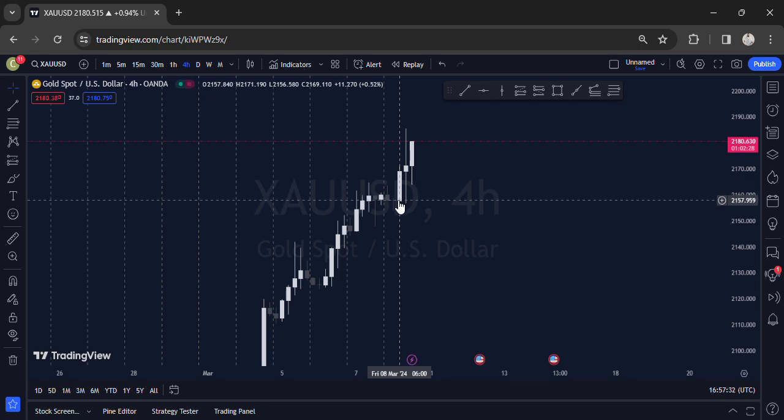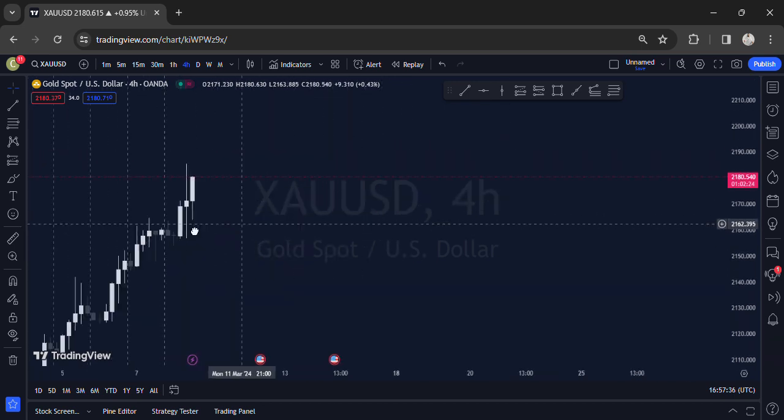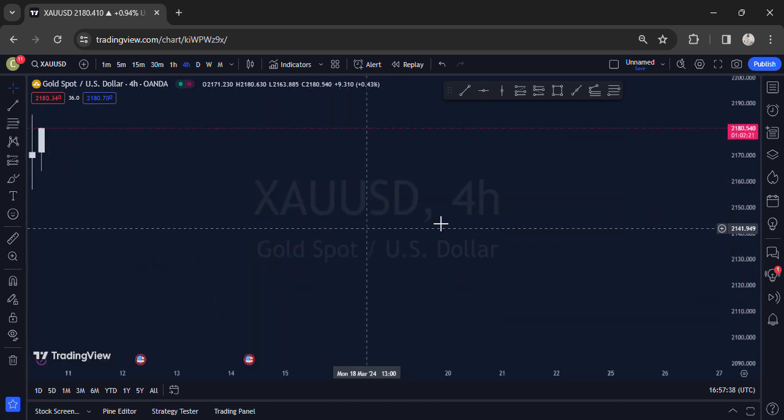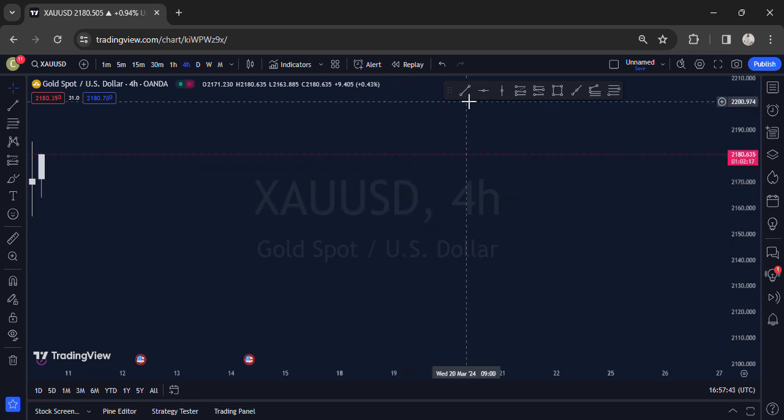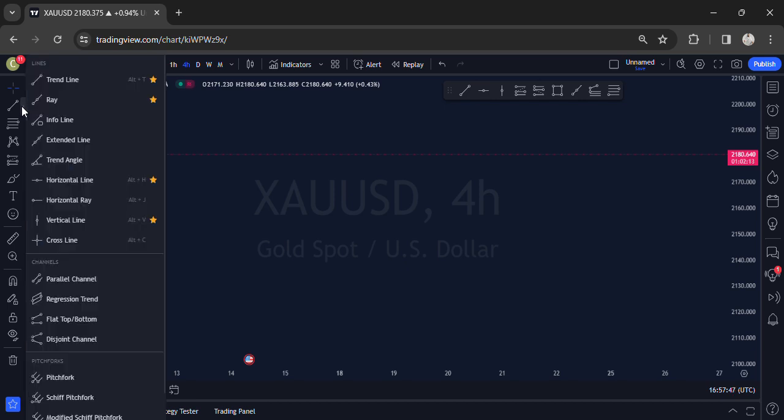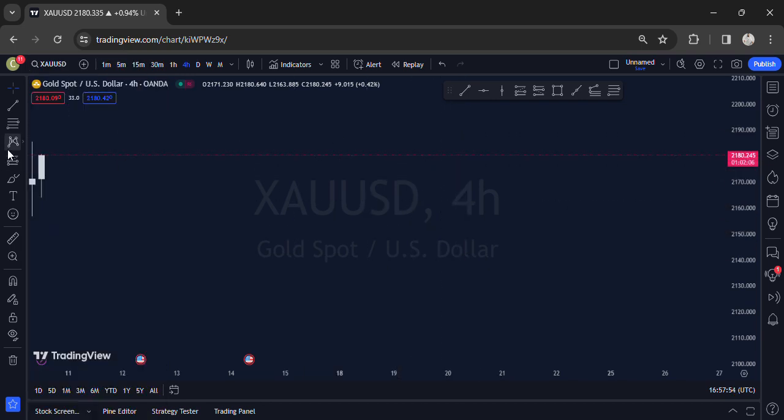What do I mean? For instance, let me use trend for example. We're going to come to my explanation board. I couldn't find it, so I'll just use my brush tool.